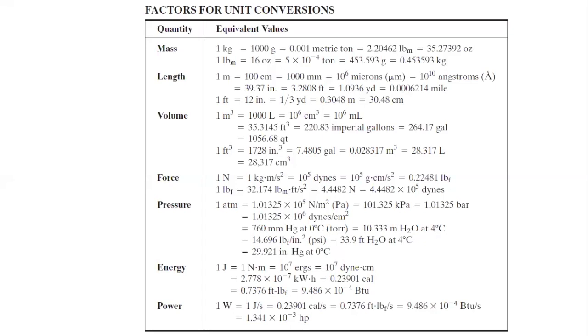So if you want to convert from mass, which is 1 kilogram of mass, to grams, then you have to multiply by 1,000, or to pound mass, 2.20 pound mass more or less. Then if you want to turn into length, or 1 meter to foot, you have to multiply by 3.28, right?